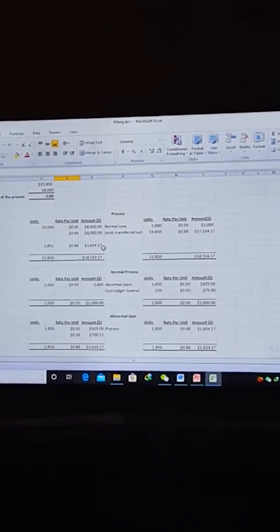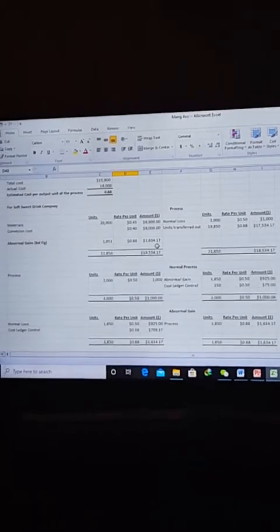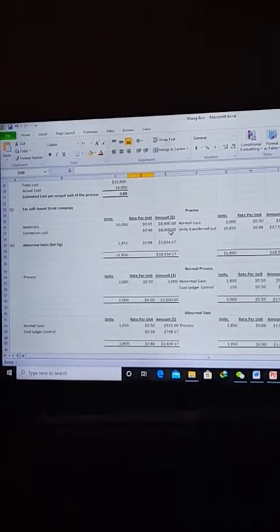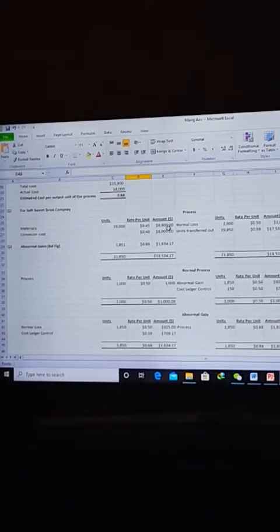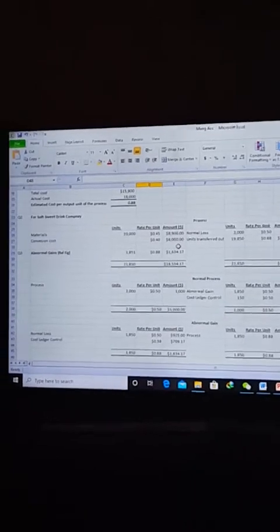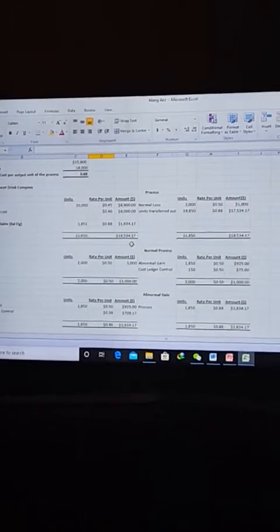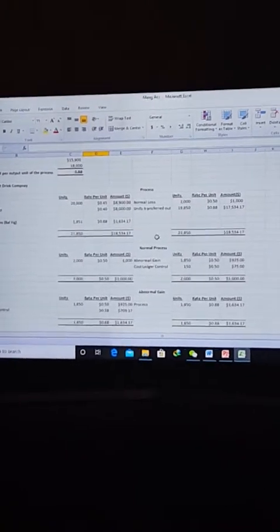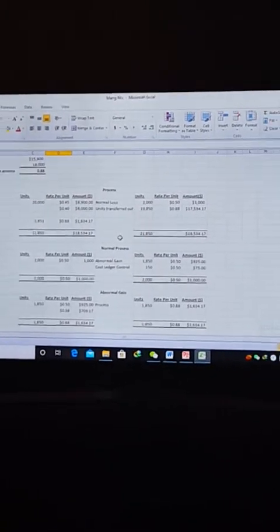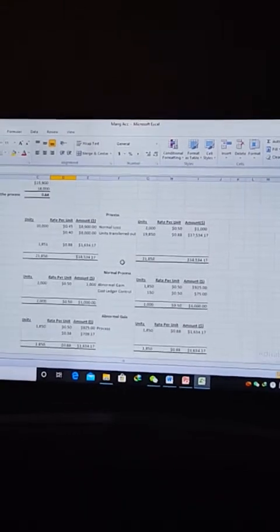Considering the abnormal cost, which is $1,634.17, we add it to the conversion cost and material cost amount, which is 8,900 and 8,000, which gives us 18,534.17.